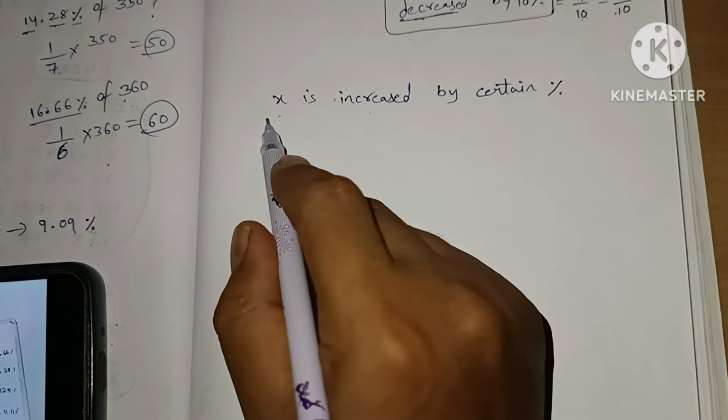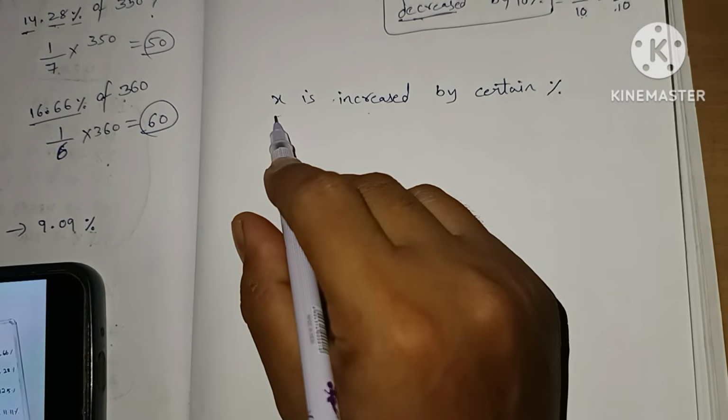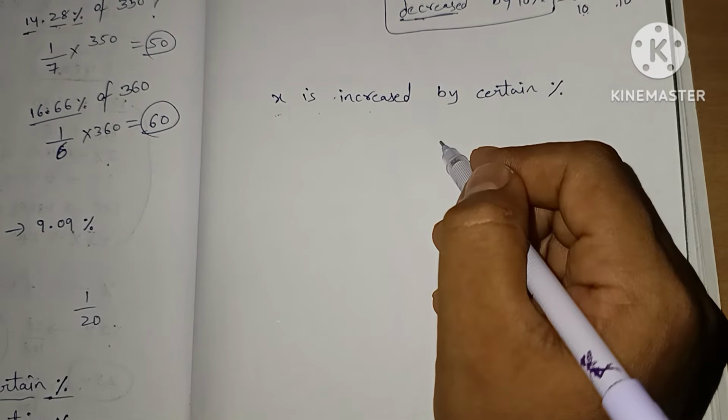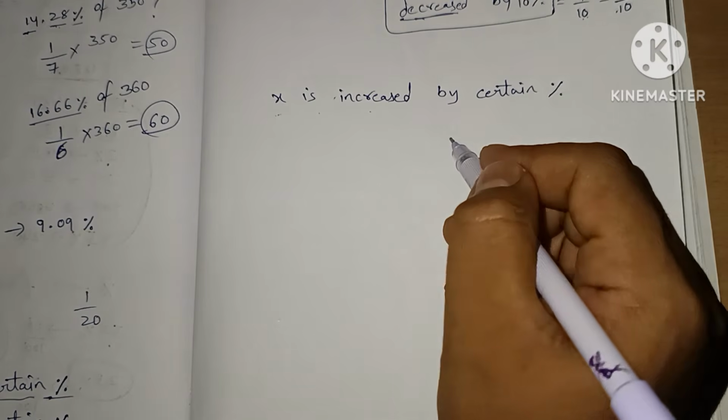Now we are going to see another basic concept in percentages: if x is increased by a certain percentage, then we find the new value of x. Let's understand with an example.